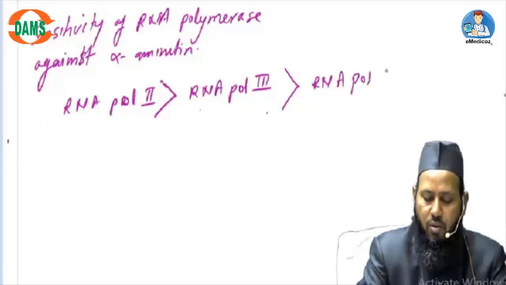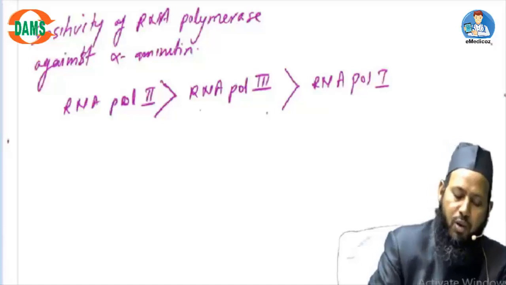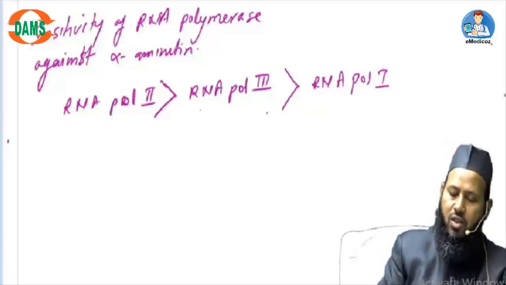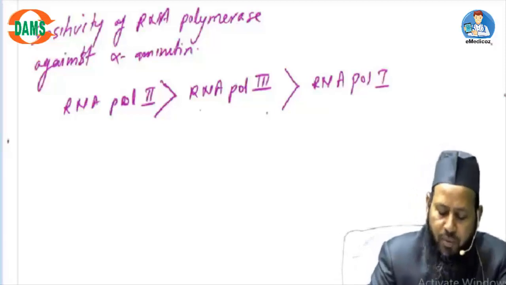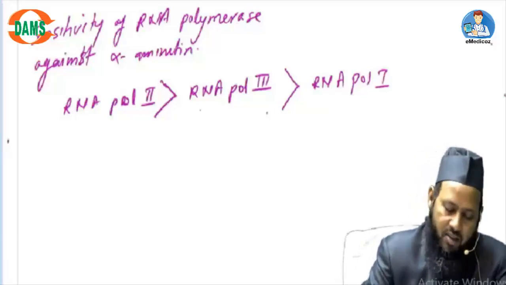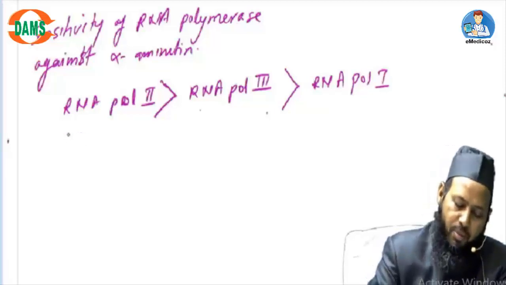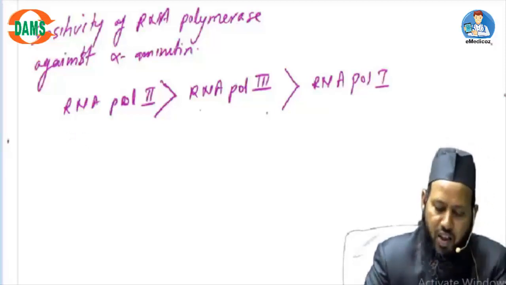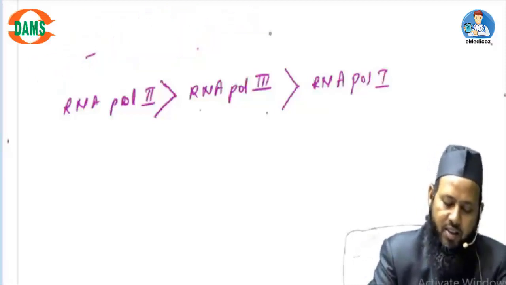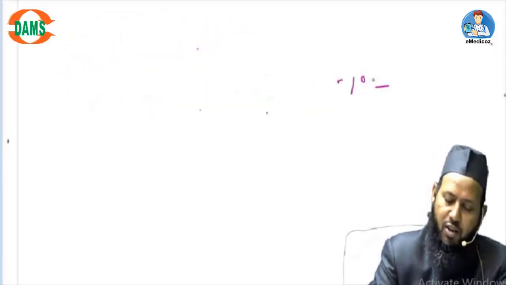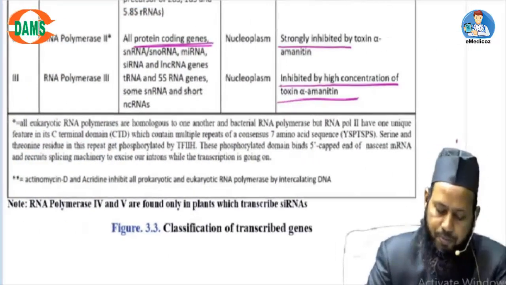RNA pol 1 is the least sensitive, RNA polymerase 2 is the most sensitive, and RNA polymerase 3 is in between. That is the decreasing order of sensitivity of the three RNA polymerases. This should be kept in mind, but sometimes the CSIR asks a question with confusing options. We will see those examples just now.